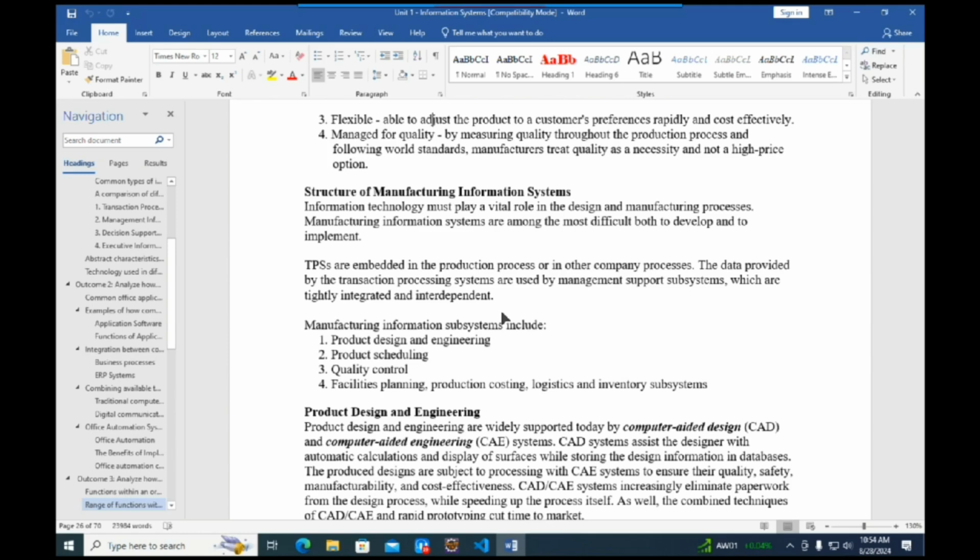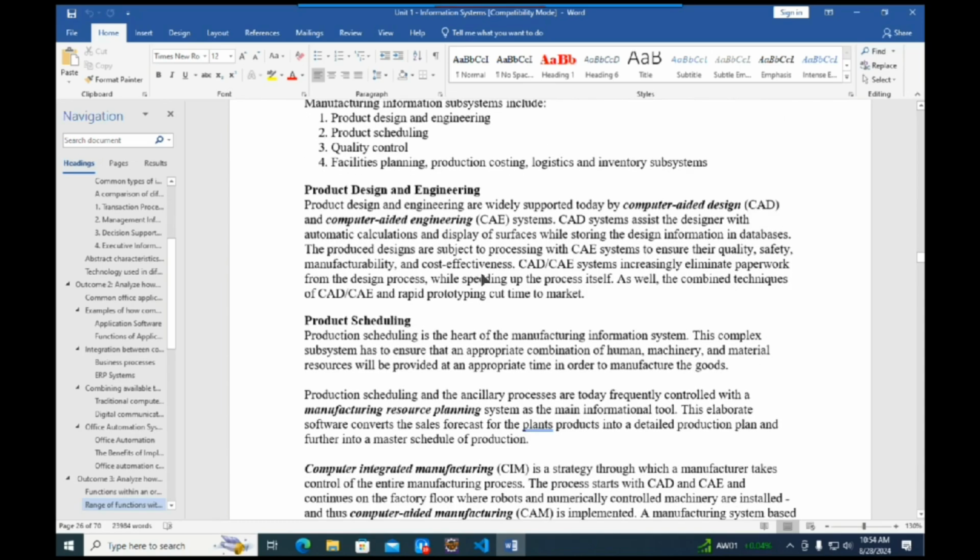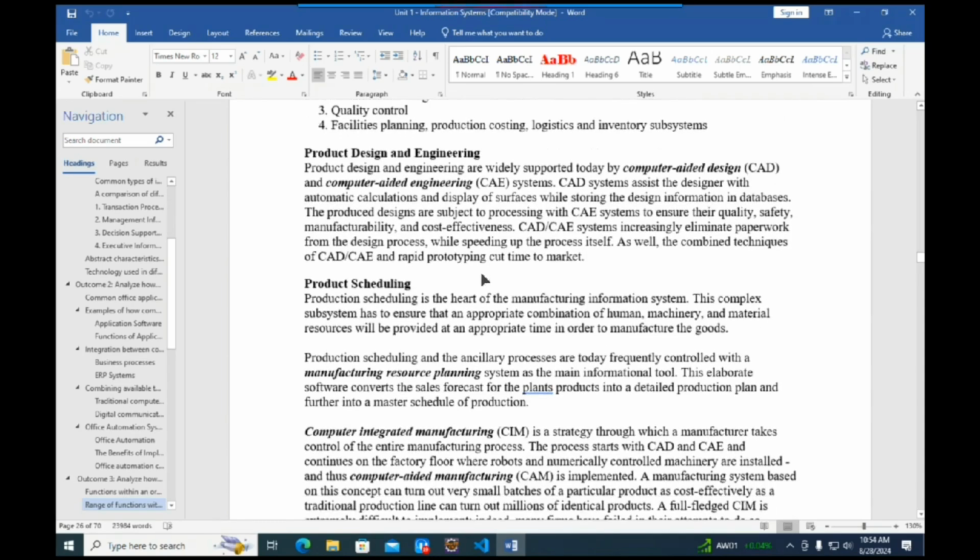So there are manufacturing information subsystems, which include: product design and engineering, product scheduling, quality control, facilities planning, production cost, logistics, and inventory subsystems. When we look at product design and engineering, they are widely supported today by CAD.